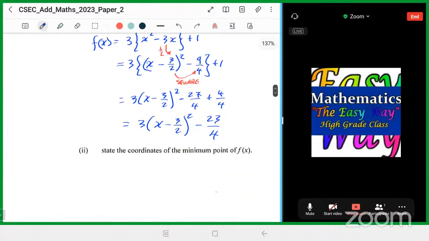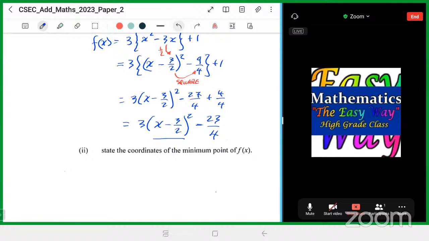The question says, state the coordinates of the minimum point. The minimum point will be where this expression is 0, and that is your y value at the minimum point. So it's where x equals that, because for this to be equal to 0, the x has to be equal to that.